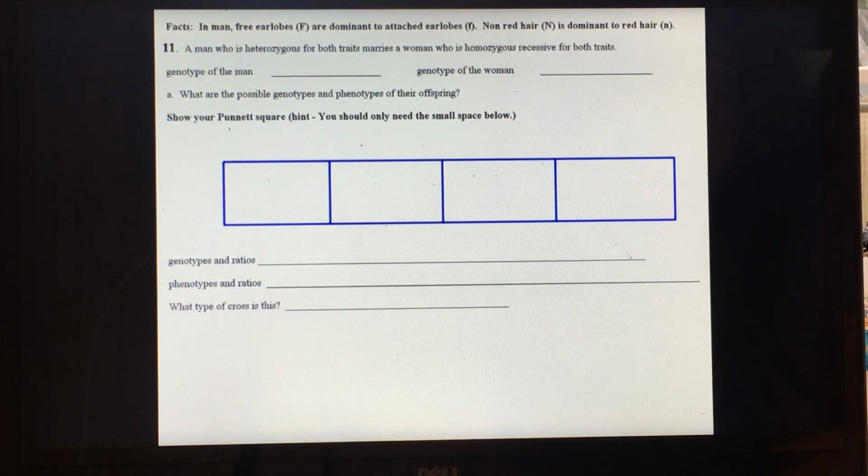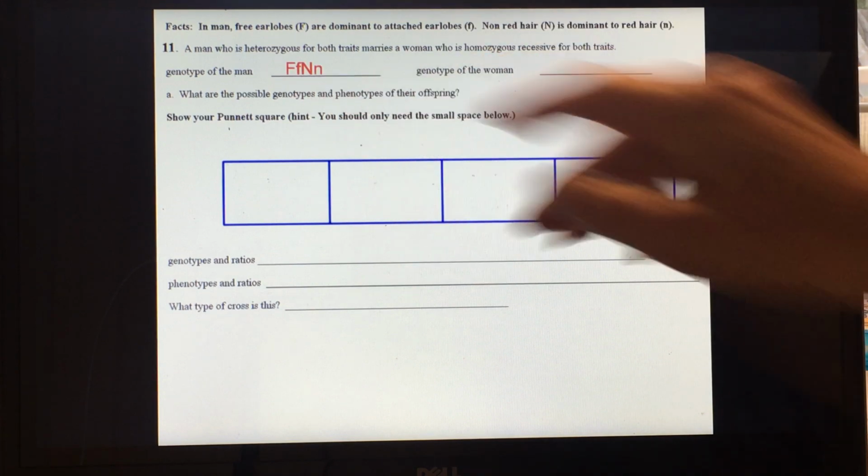So let's do another problem. So free earlobes are still dominant to attached earlobes, and non-red hair is still dominant to red hair. A man who is heterozygous for both traits marries a woman who's homozygous recessive for both traits. The genotype of the man is big F, little f, big N, little n.